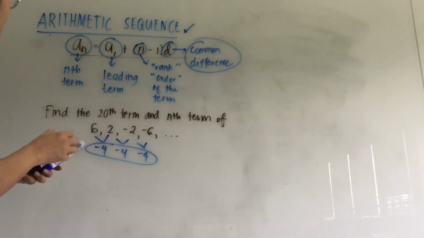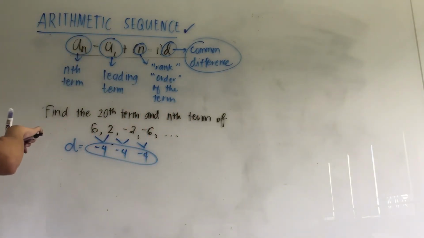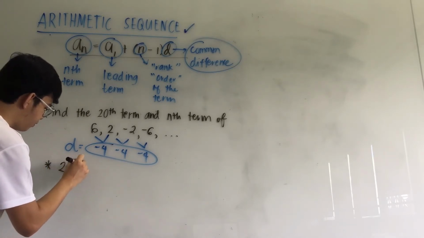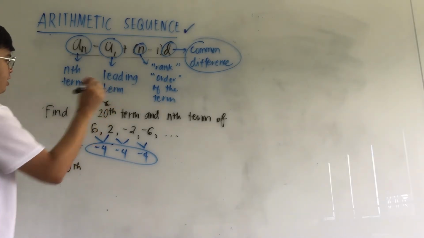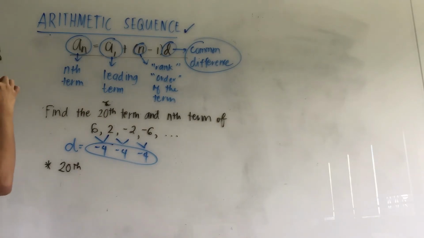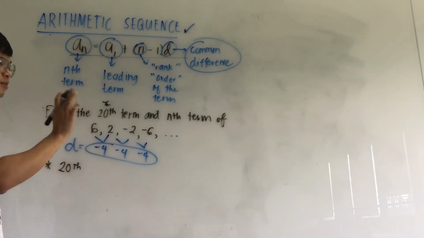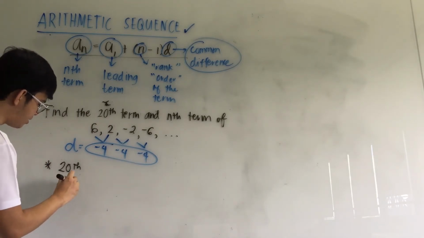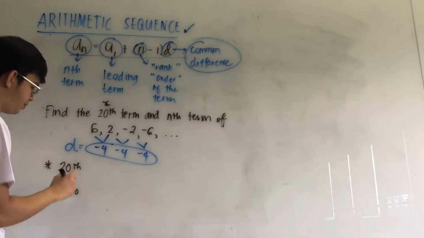Now, if we're going to solve for the 20th term, simplest substitution will be done. So therefore, it becomes a sub 20, right?